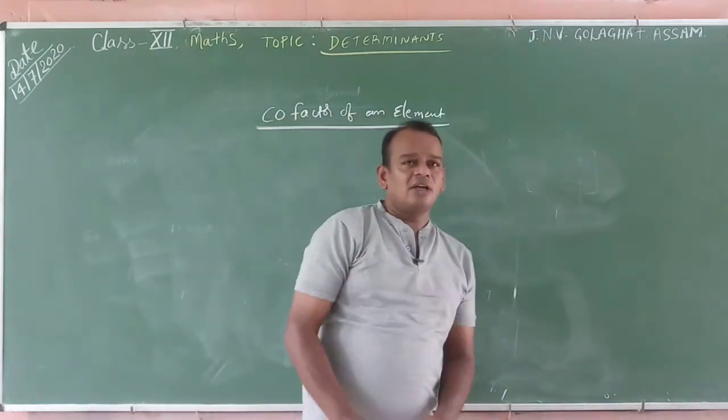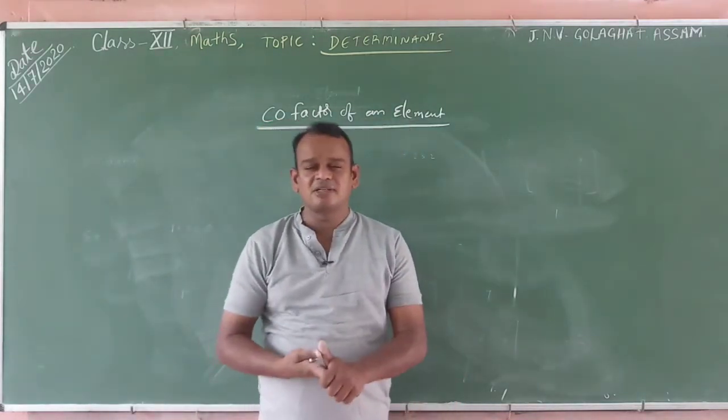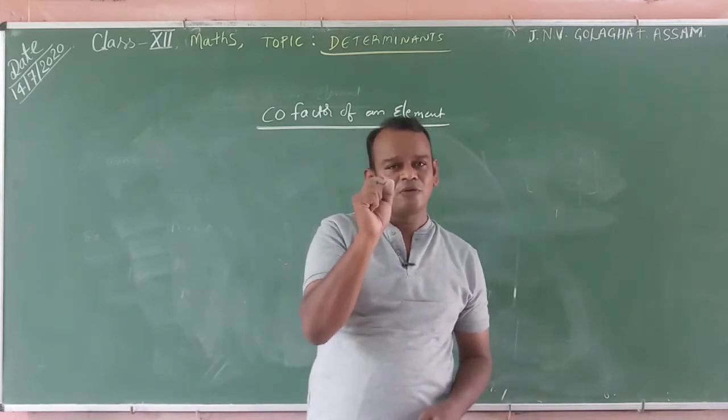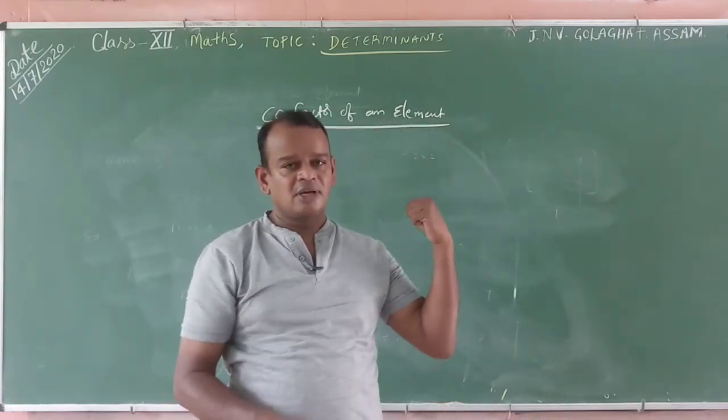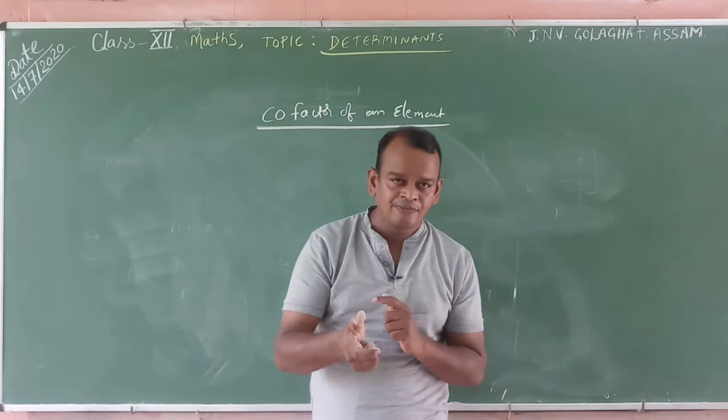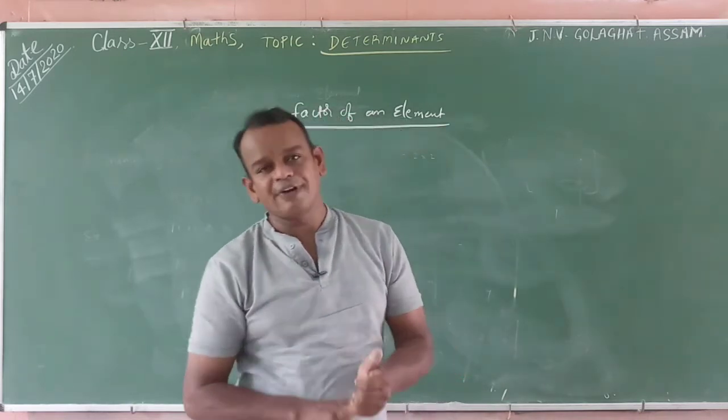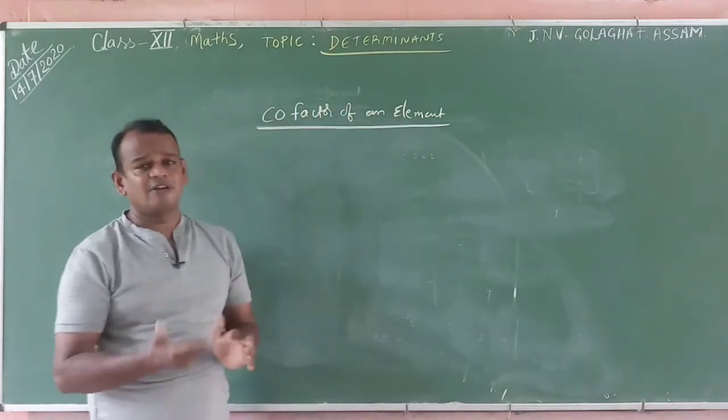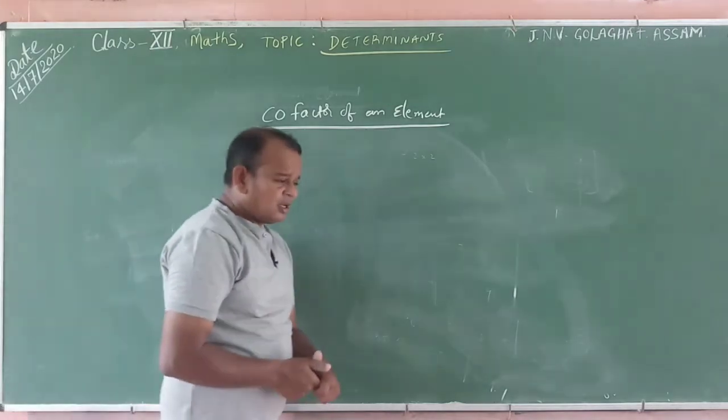In the same way, in a square matrix, every element has a cofactor. Before, we discussed that every element has a minor. In this one, every element has a cofactor. Listen carefully. How to define this?